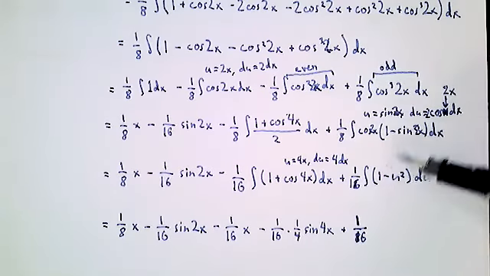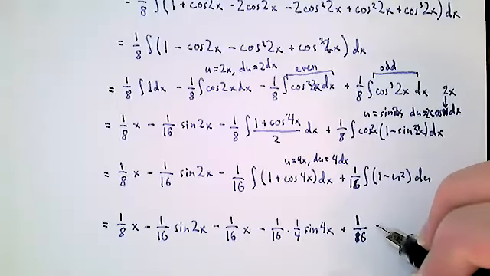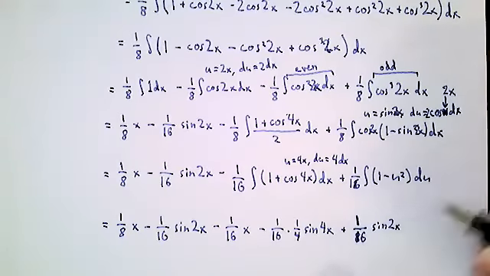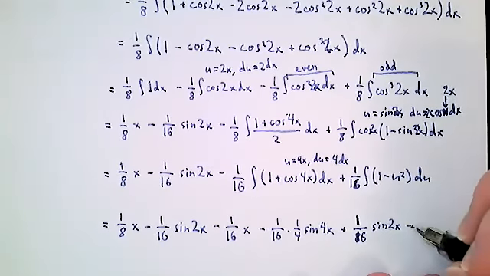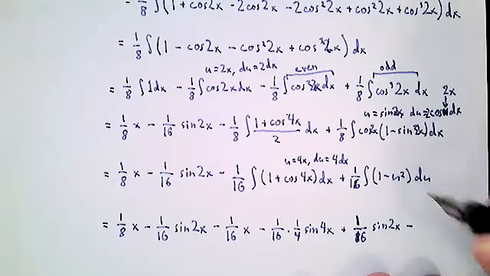Okay, so remember, our u is sine of 2x, and then we'll need, here we have to divide by 3.